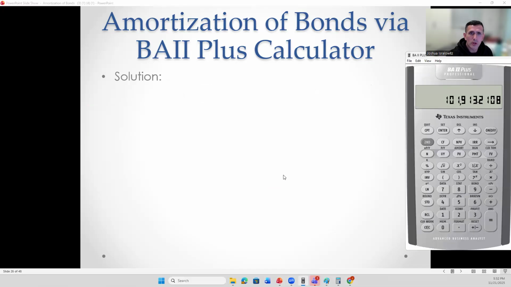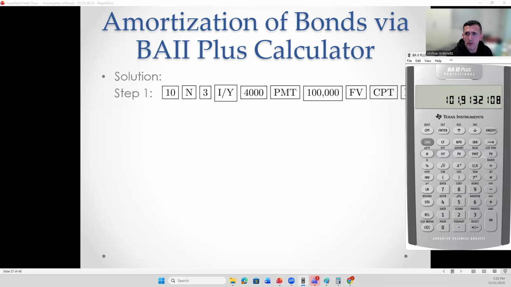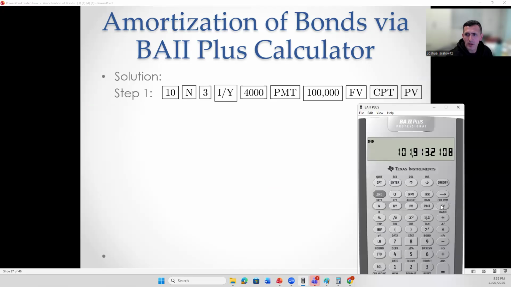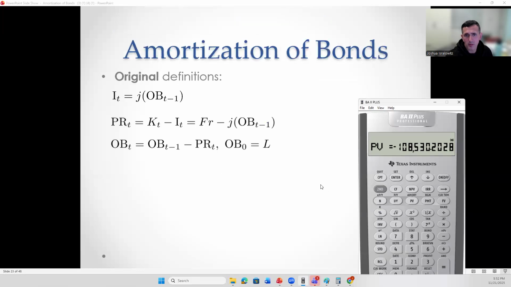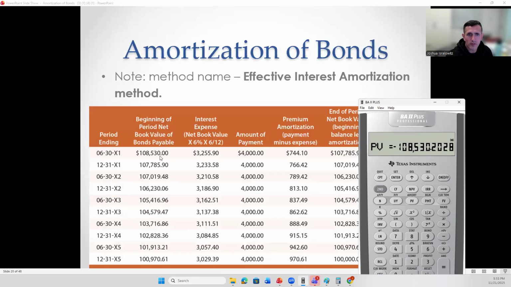What we do is input all the needed information to get the present value. 3% interest, 4,000 coupon payments, 100,000 redemption, compute present value, and just like before, 101,913.40, off by 20 cents. Fine.